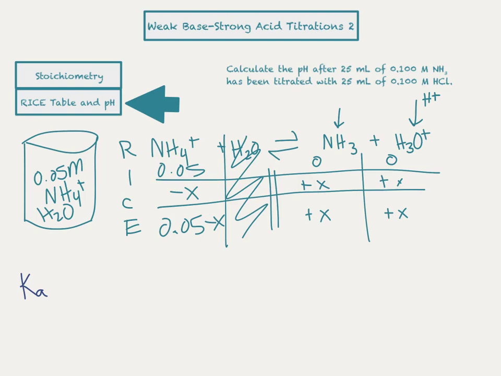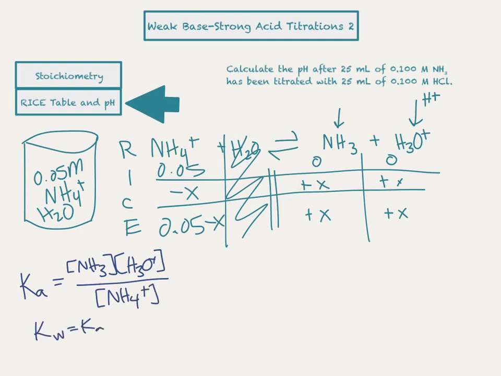using the Ka this time because the ammonium ion acts as an acid. And either, if you have access to a textbook, you look up the Ka value, or you can use a really nifty equation, the Kw equals Ka times Kb, to find the Ka. I happen to have this particular one memorized because I use it so often.